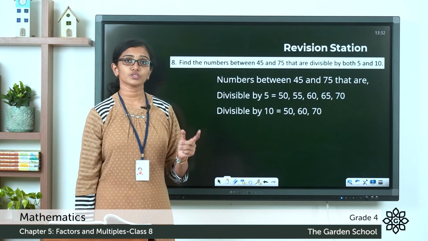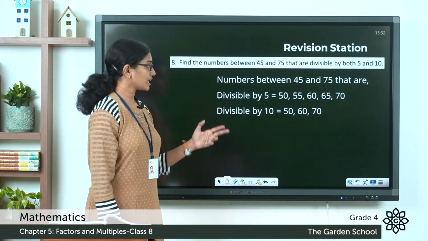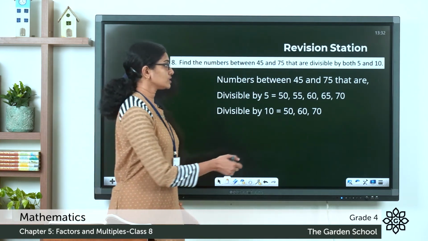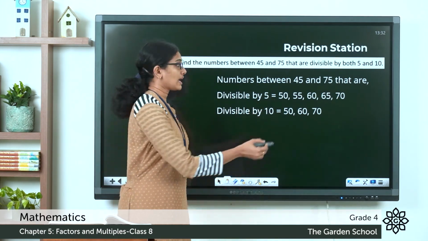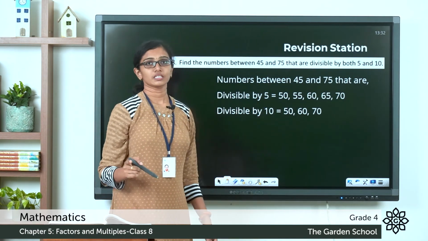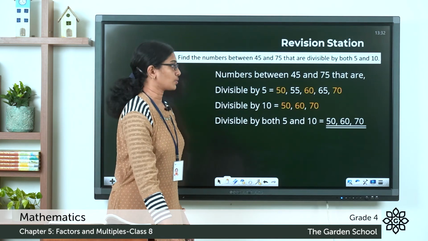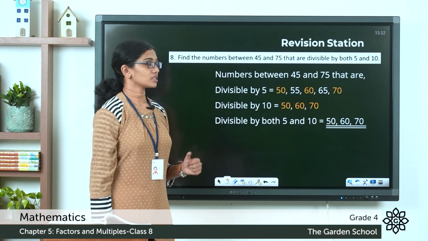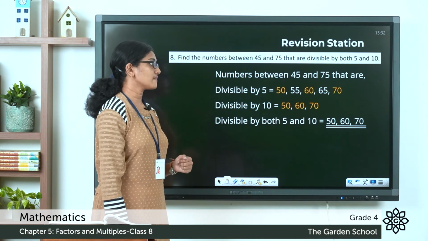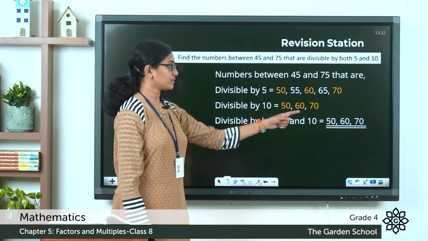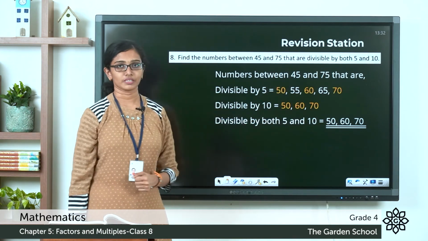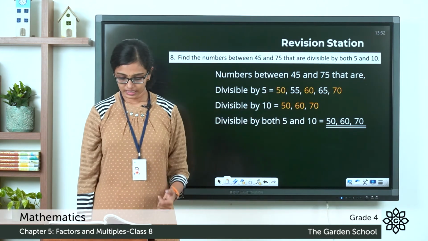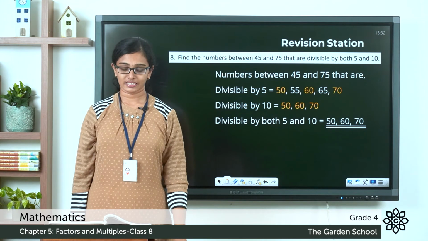So, the numbers which are divisible by both 5 and 10 will be the numbers which are divisible by 5 and those ending with 0, or the ones digit is 0. So, which are those numbers? The numbers divisible by both 5 and 10 are 50, 60 and 70. Clear? Now, let's see the 9th question.